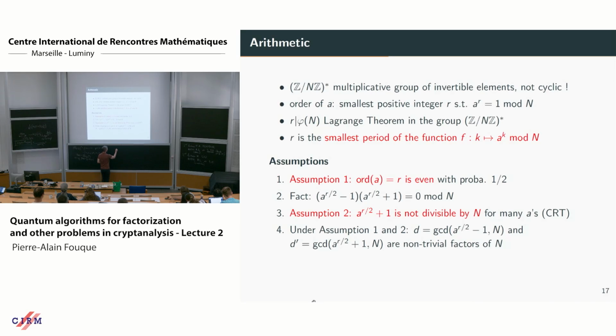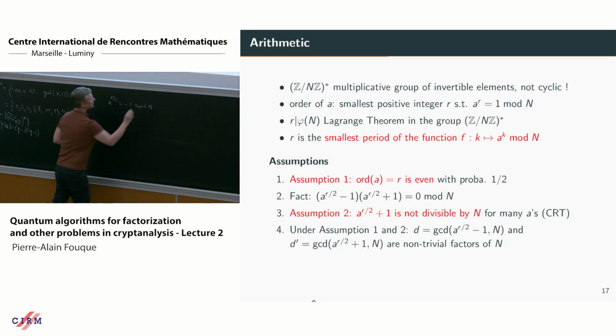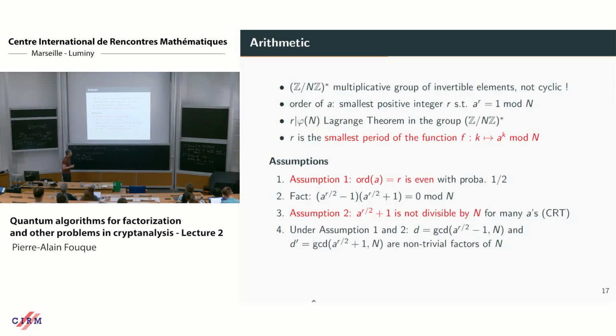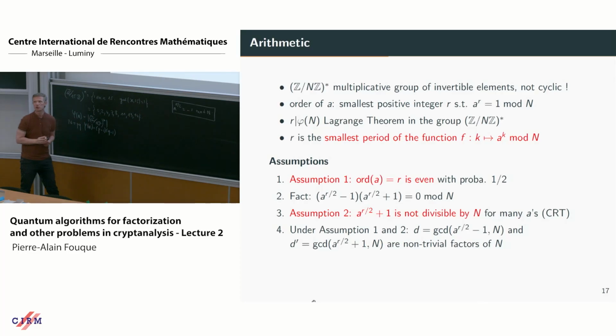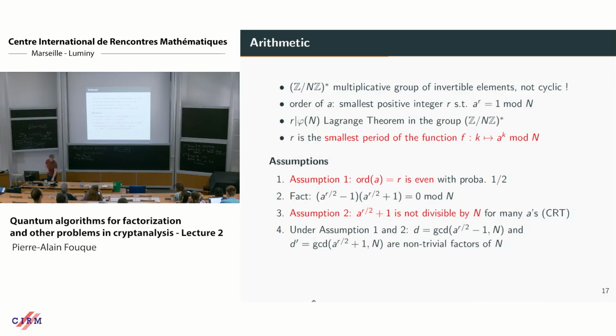So the idea is that in this situation we have what is called a trivial root of unity, because minus 1 is a trivial square root of unity. If you want to see how many square roots we have, the idea is the following.